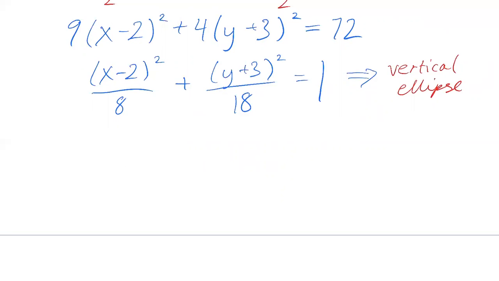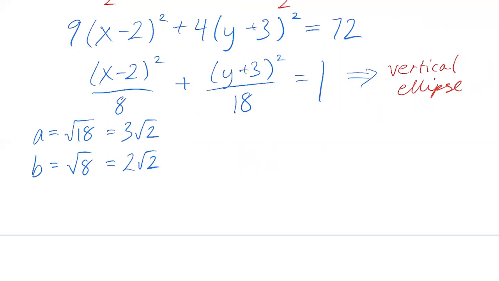So we know that a is equal to the square root of 18, better known as 3 root 2. We know that b is equal to the square root of 8, which gives me 2 root 2. And we would have c squared equal to 18 minus 8, which equals 10.